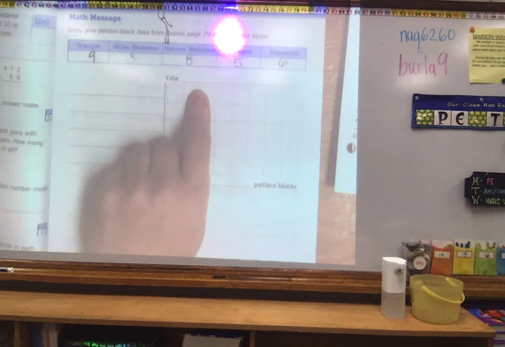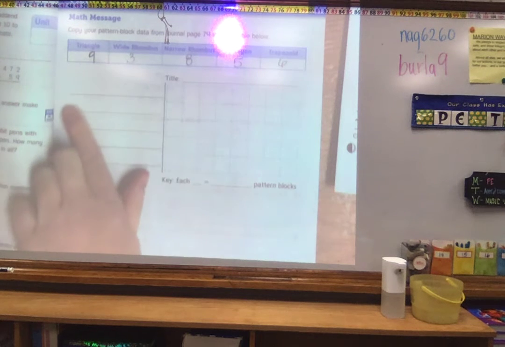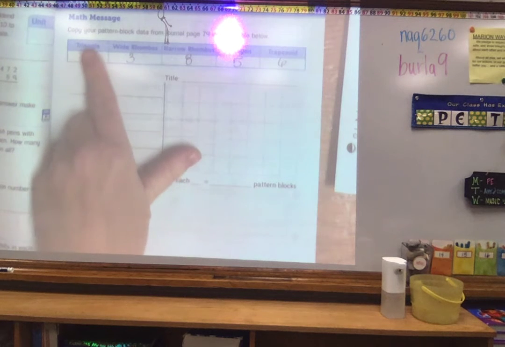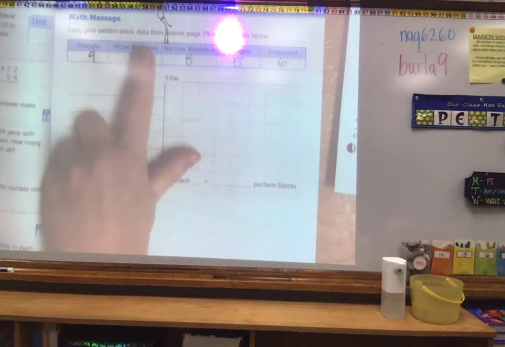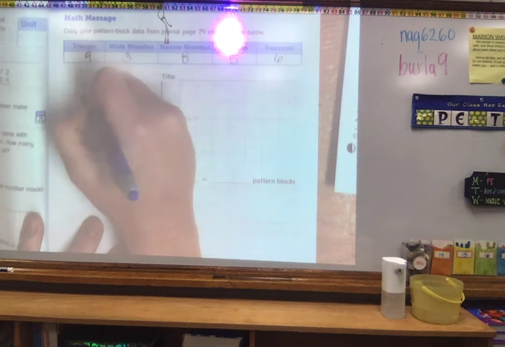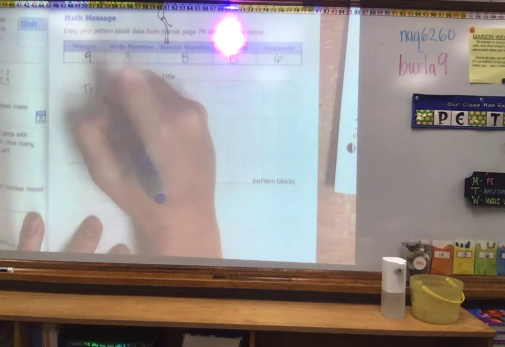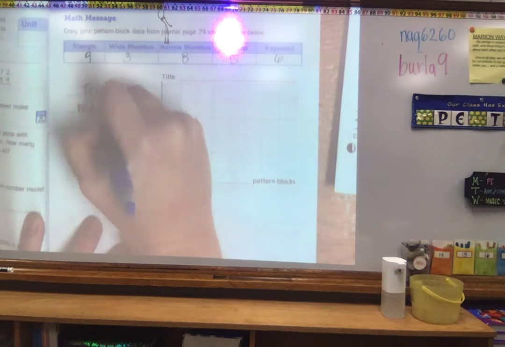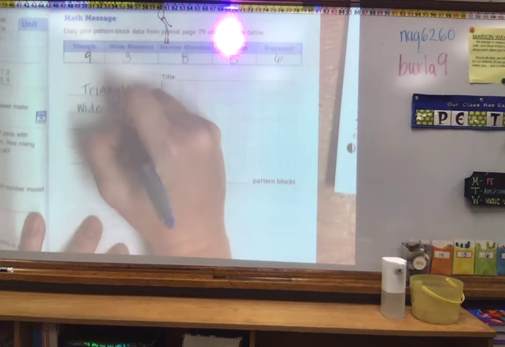Over here you can see these lines, and that is where we are going to write the information that we are counting. On these lines, I want you to go ahead and write the names of those shapes, but don't do anything else.